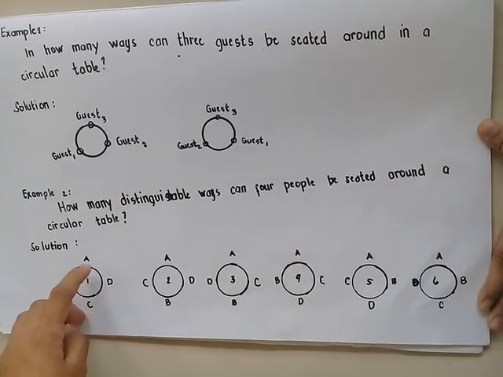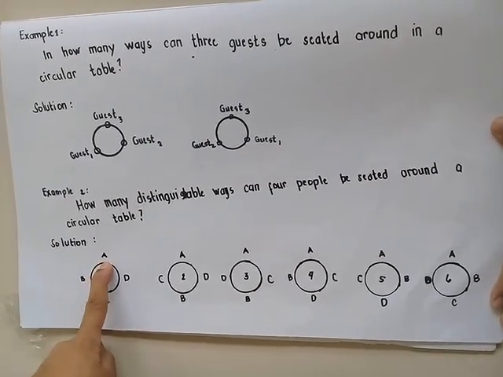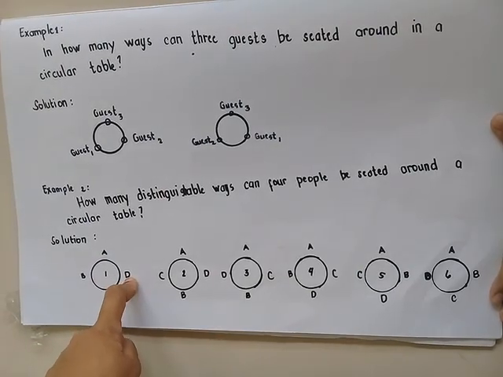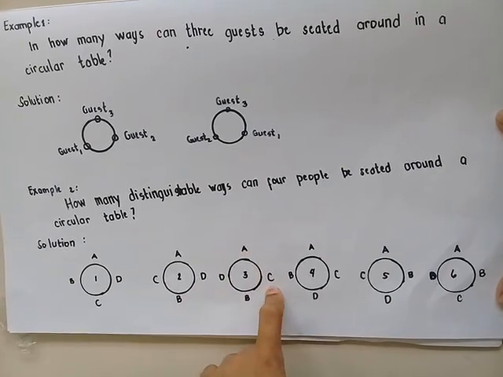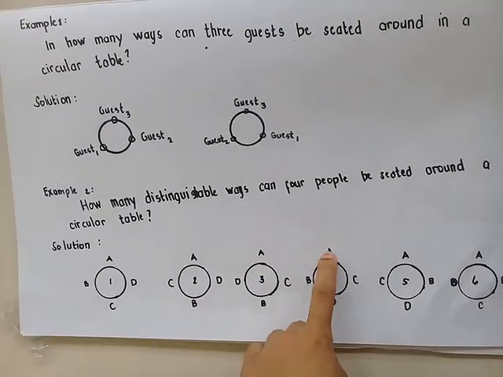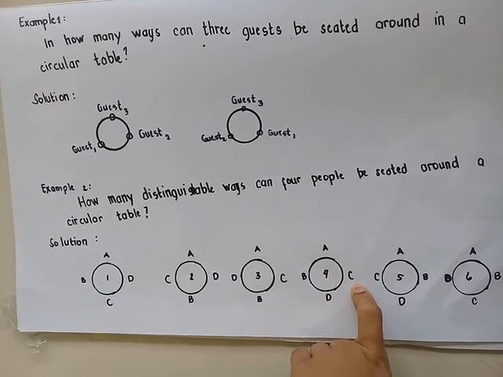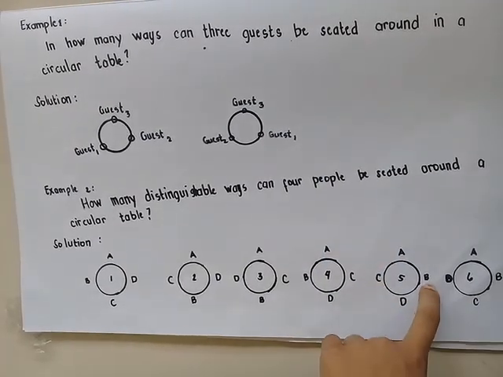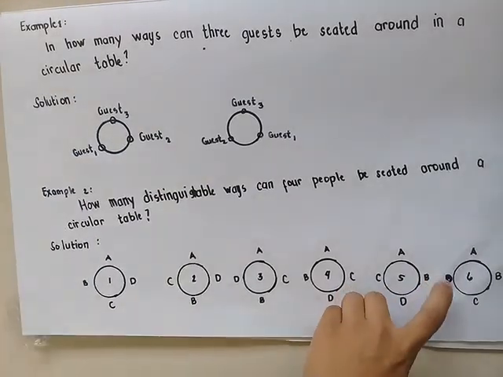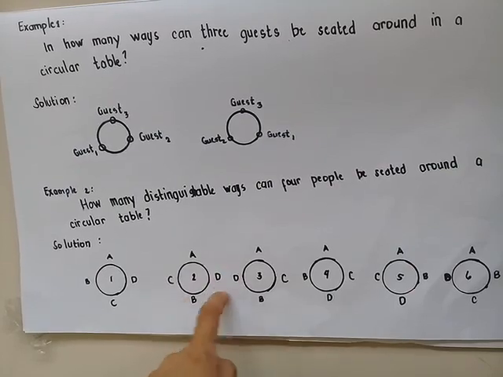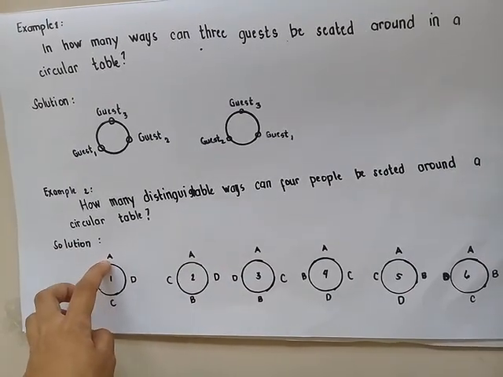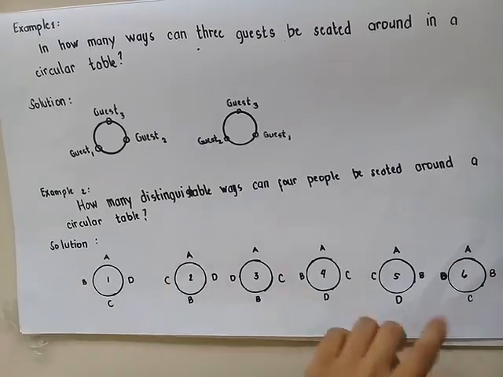Let's say our reference is A. The first arrangement is A, B, C, D. Second arrangement, A, C, B, D. Third arrangement will be A, D, B, C. The fourth arrangement will be A, B, D, C. Fifth arrangement will be A, C, D, B. And the last arrangement will be A, D, C, B. Only the three letters will interchange because our reference point or reference seat is letter A. So there are 6 ways to seat 4 people at a circular table.